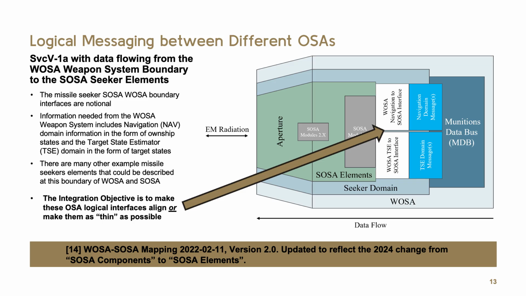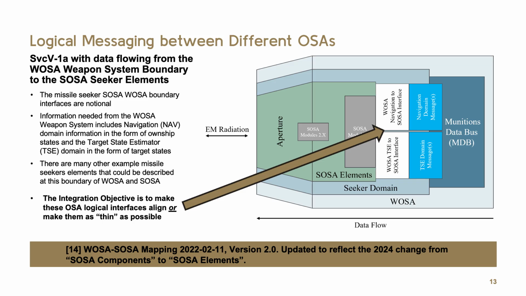So you're going from blue to white. The information that is needed from the open system includes the navigation domain and the target state estimator domains. And so essentially, we've got an alignment between the WOSA and the SOSA domains there.